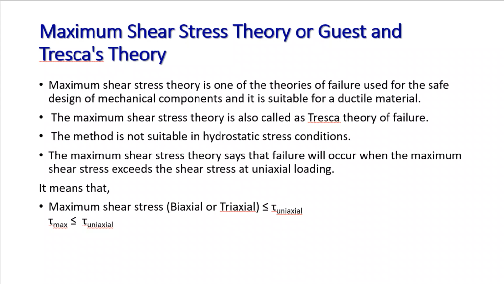And the maximum shear stress theory, or Tresca's theory. Maximum shear stress theory is one of the failure theories used for the safe design of mechanical components, and it is suitable for ductile material. It is also called the Tresca theory of failure. This is not suitable for hydrostatic stress condition. We already discussed that ductile materials mostly don't fail by hydrostatic stress condition.